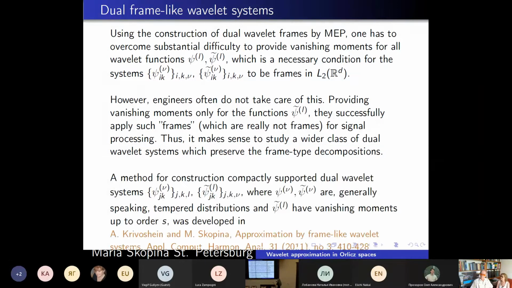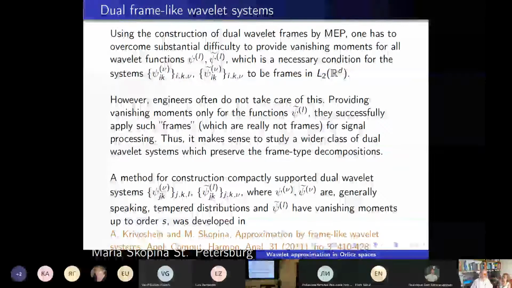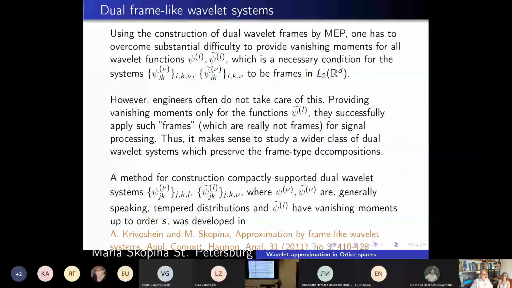That's why about 10 years ago we developed such a theory to construct frame-like wavelet systems, which are not really frames, though engineers consider that they are frames. Generally speaking, starting with an arbitrary trigonometric polynomial, we can construct such a system.